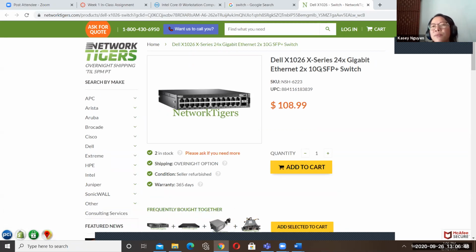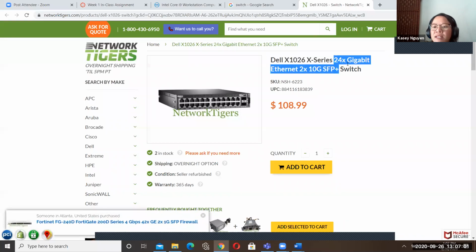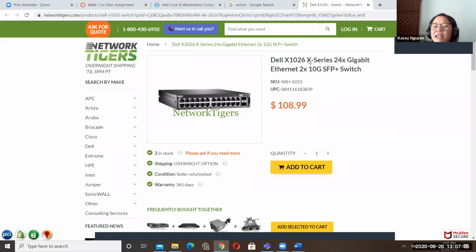So that's why people prefer it that way, but you do have other brands. So this one, when you look at it, it gives you the model number, right, the series, and then it tells you that it's used for gigabit Ethernet, okay? And then there's additional description about the switch capability.